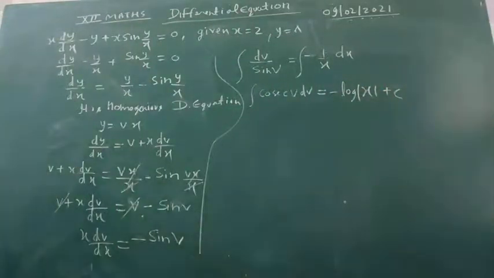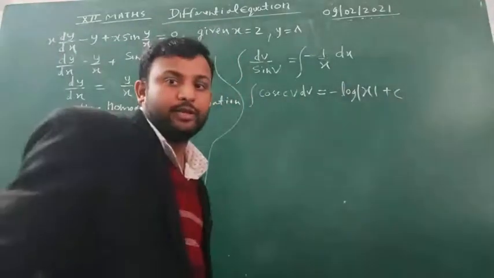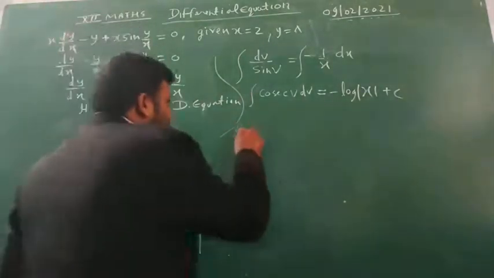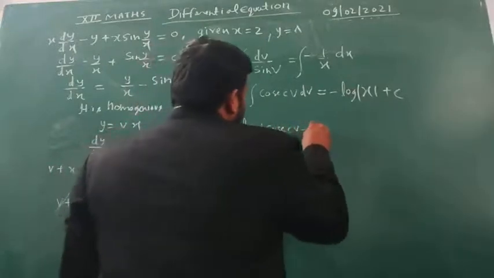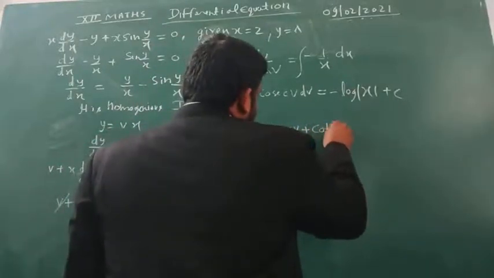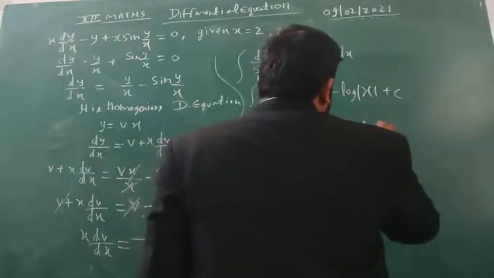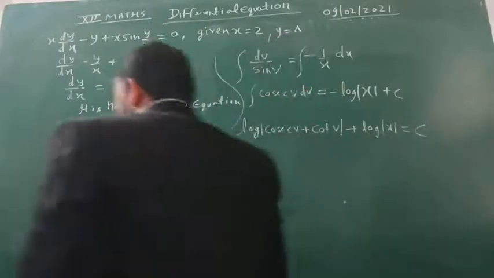Okay students, after integrating we get these terms, and you know the integration of cosec v is log of cosec v minus cot v. We write this to the left hand side: log of cosec v minus cot v plus log x is equal to c.